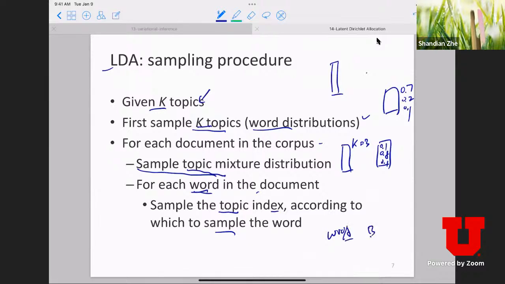So it's a very simplified model. Of course, there are more advanced versions to account for these sequential dependencies of the words. But here, let's just use the simplified assumption, which has already been very useful. Any questions so far?